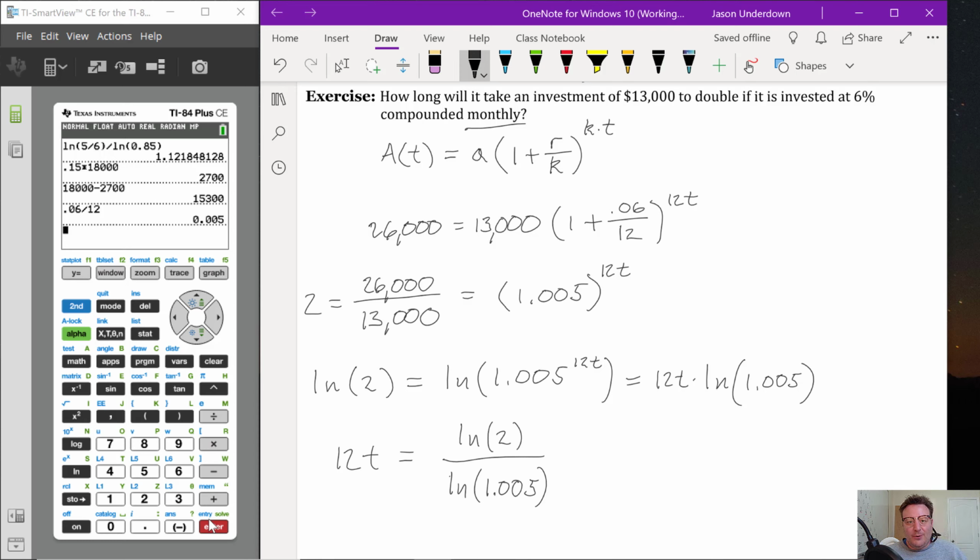And now I'm kind of wishing I had used a symbol for the base, maybe just b or something. Lastly, we divide both sides by 12, and we get the equation t equals the natural log of 2 divided by 12 times the natural log of 1.005.